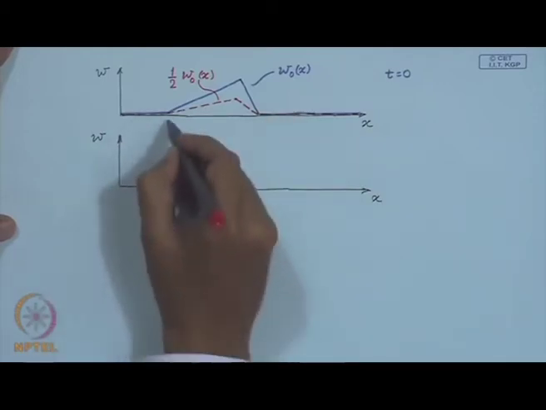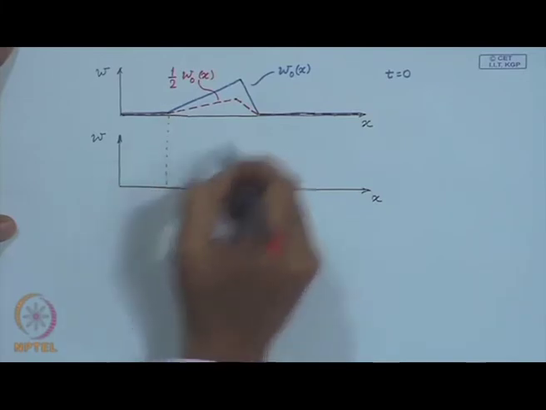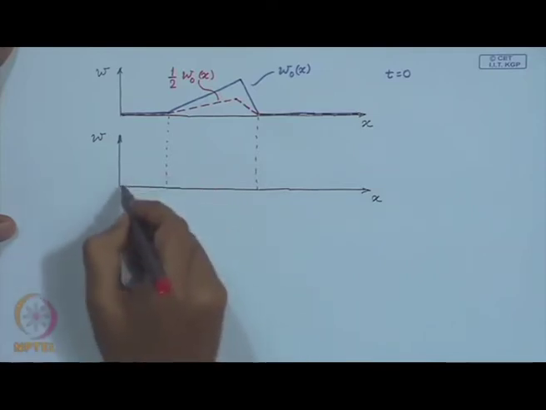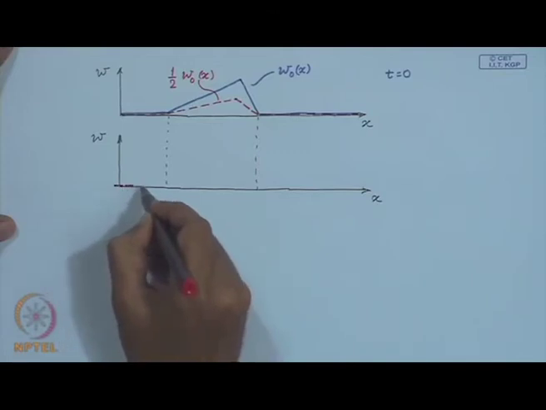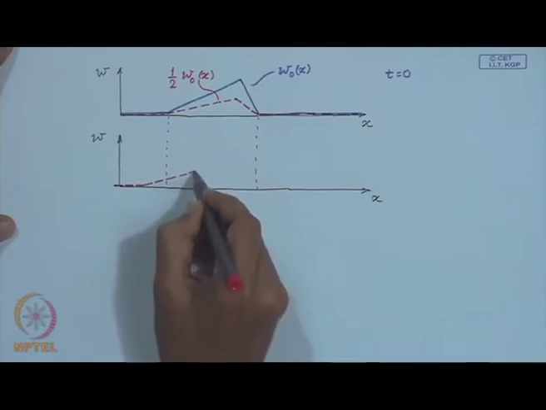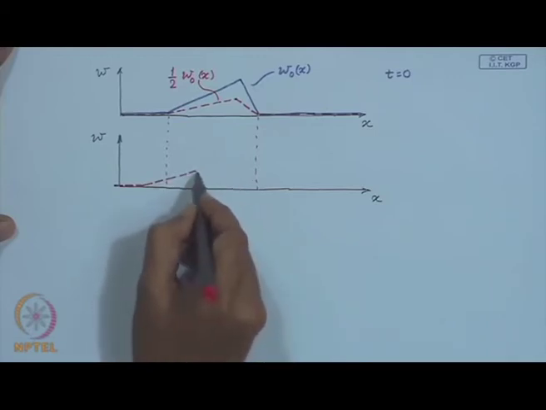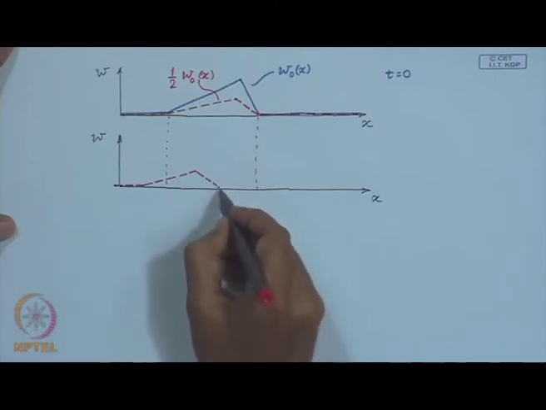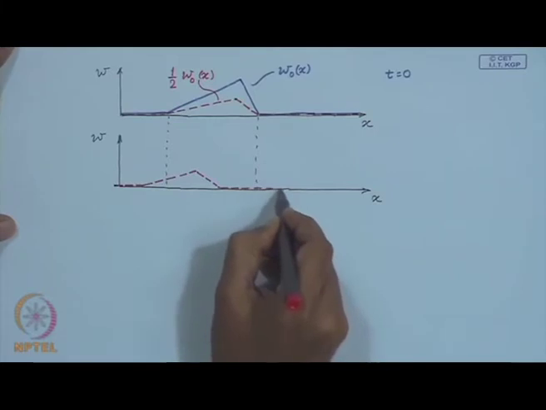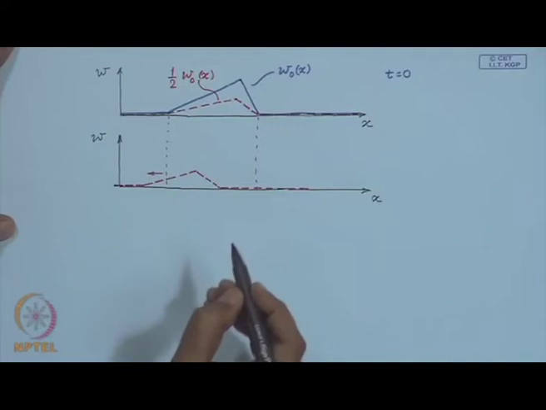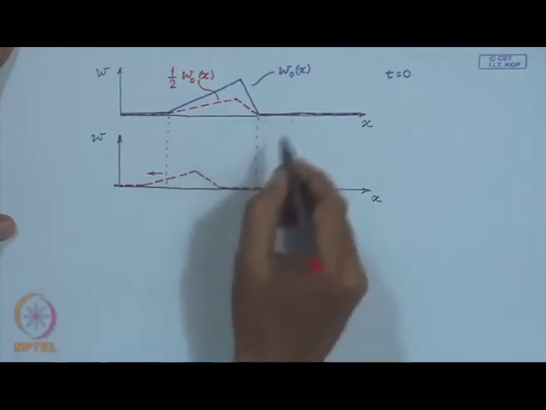So, this has travelled in the negative direction and one half will travel in the positive direction.